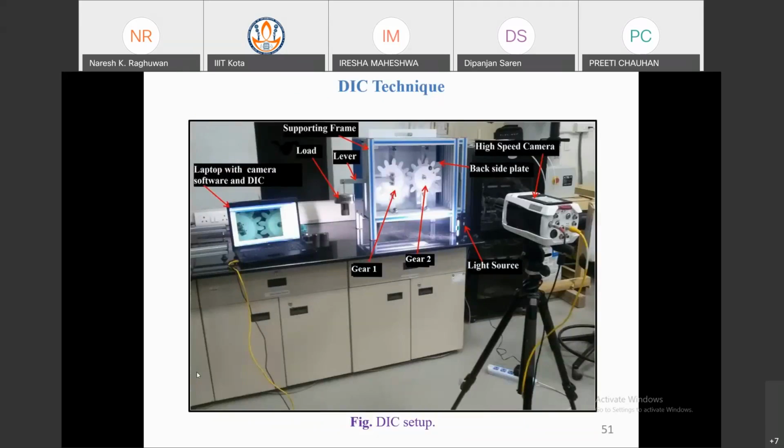Then those images you have to analyze in MATLAB or some other code, and analyze what type of displacement of the gears there will be, or strain; whatever stress and strain analysis you can do, and displacement analysis also. From engagement to disengagement, the force distribution is also different. By considering this, you can measure the mass stiffness.